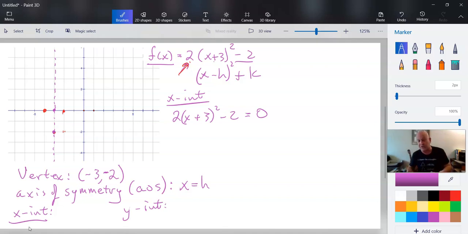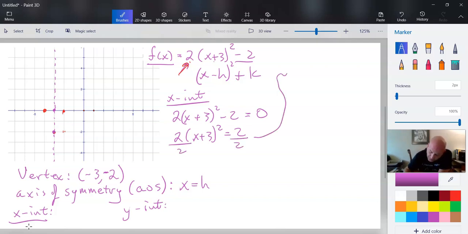Now it's quadratic, so you're going to get two answers, right? Which makes sense because it crosses the x-axis in two places. So what we have to do to solve this is strip all the outside stuff off so I can take a square root to get rid of this square. So I'm going to start by adding the 2 over. Then I'm going to divide this 2 off.